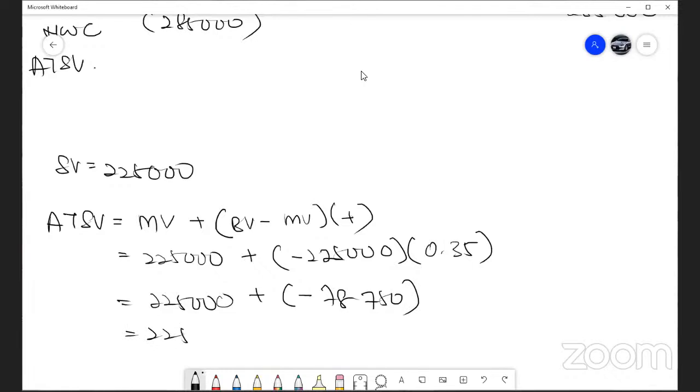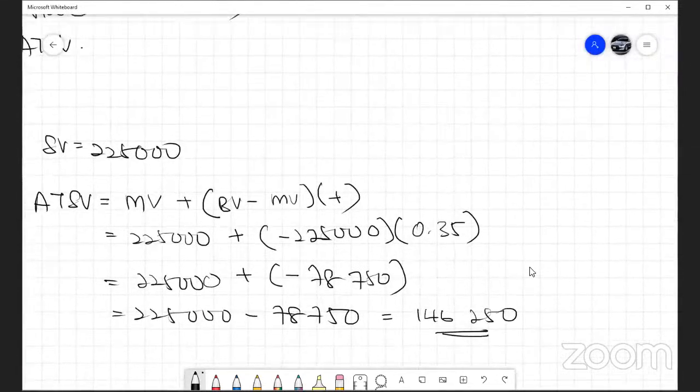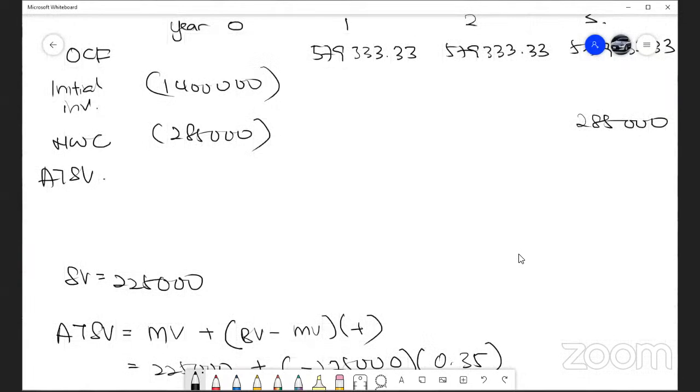So 225,000 minus 78,750, your after-tax salvage value is 146,250. This is the amount that you will get when you sell off the project in the last year. So your after-tax salvage value of 146,250 will come in at the end of the year.